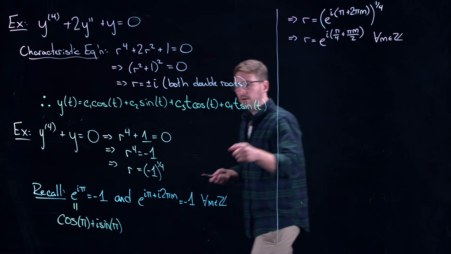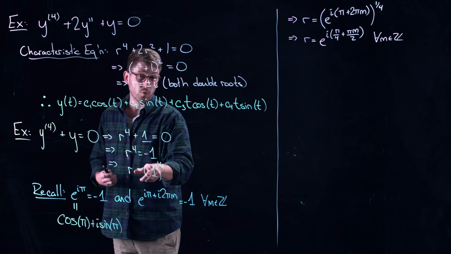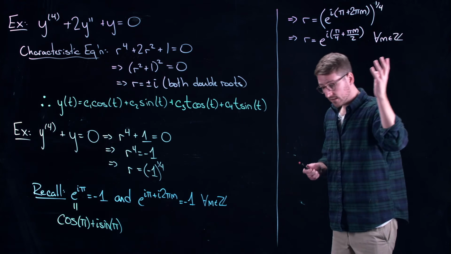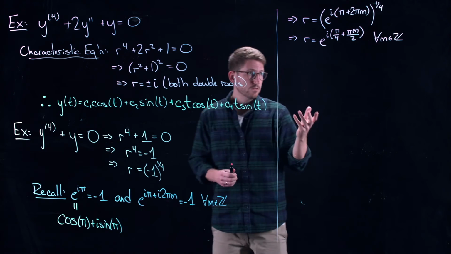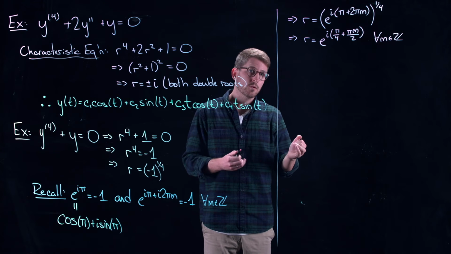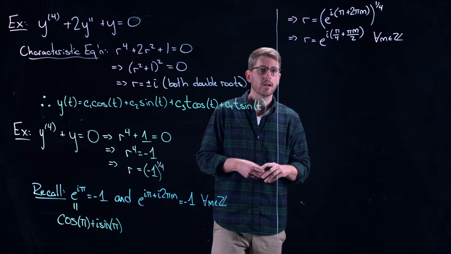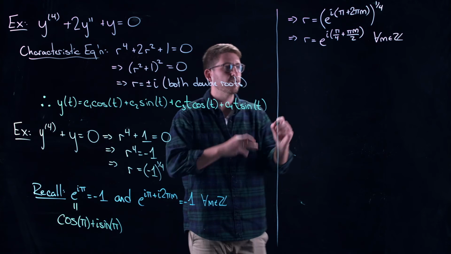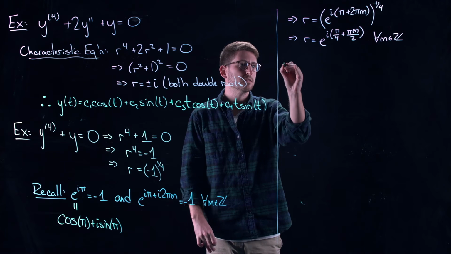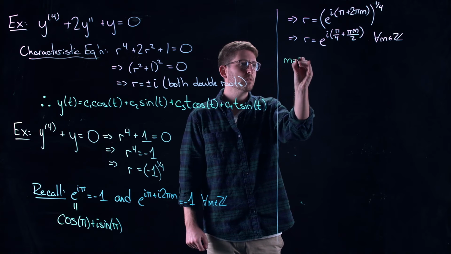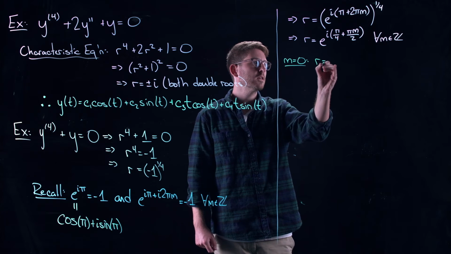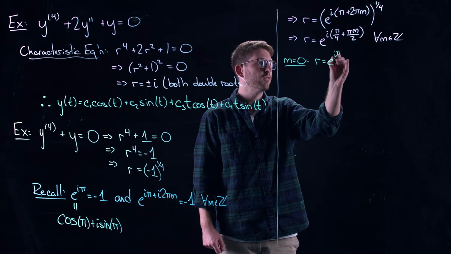Now, we went from what looked like just one solution to infinitely many, right? There's one for every single value of m. So what happened? Well, let's actually start enumerating some of these solutions in terms of different values of m. So m equal to 0 gives me r is equal to e to the i pi over 4.